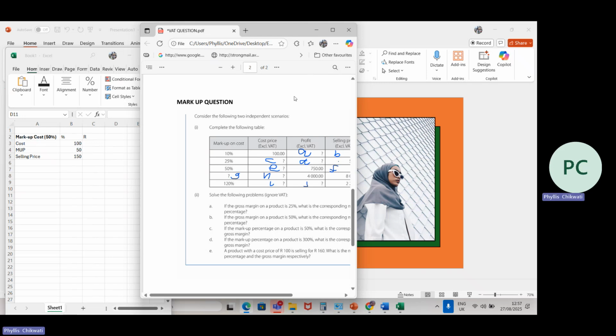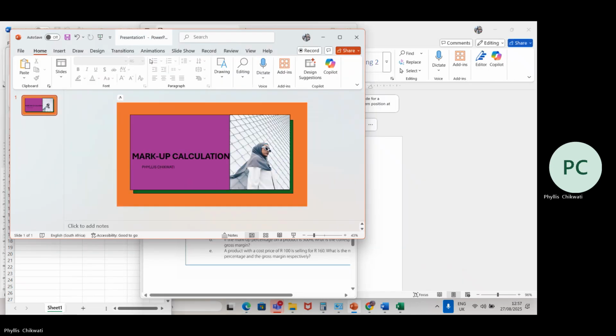Let's see our question so that we can also determine how much is our markup, how much is our cost.